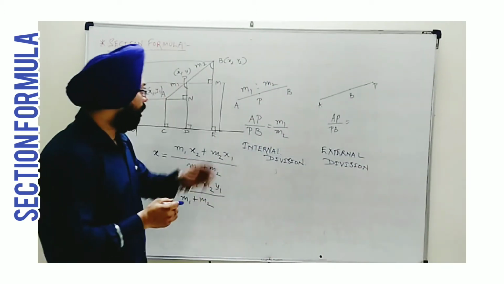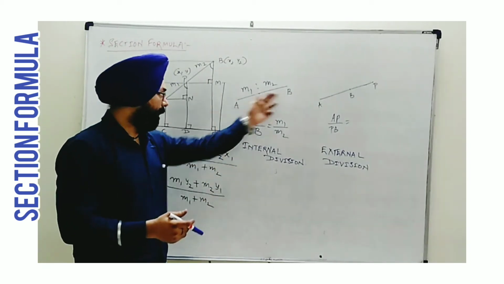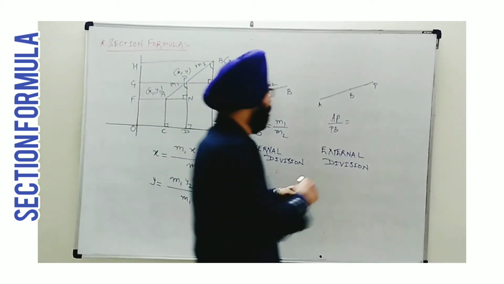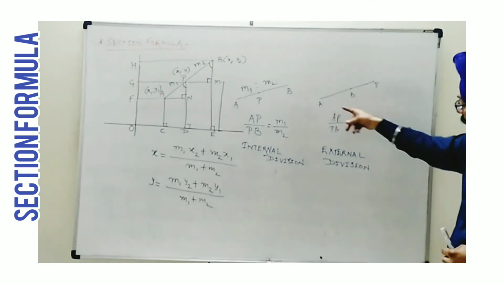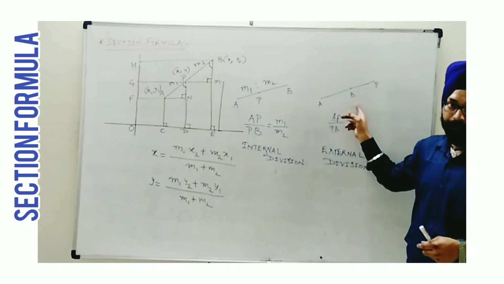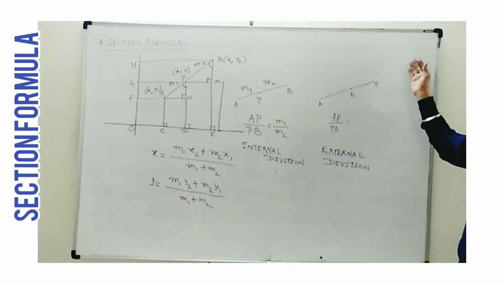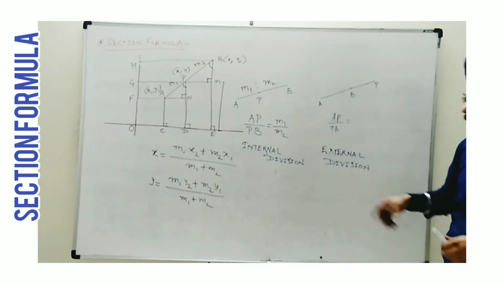As here P was internally lying in length AB, there it is externally lying on the length. They are collinear, no doubt, they are collinear, but P is not in between them. Not between A and B. It's beyond the length AB. So that's why it is known as external division.